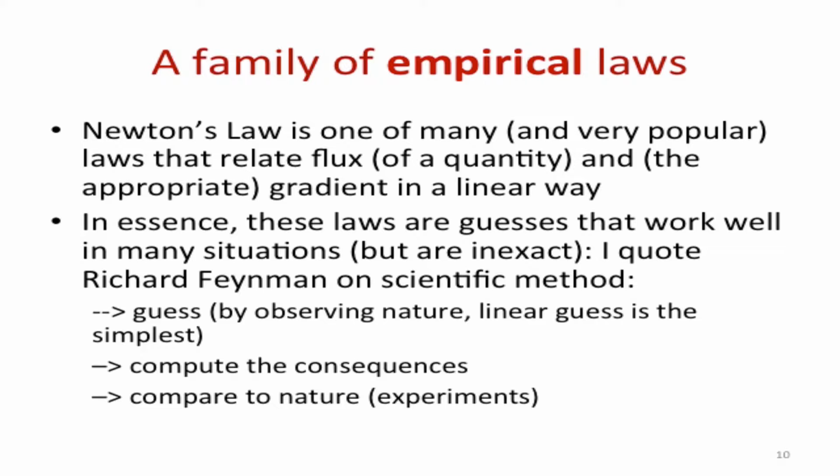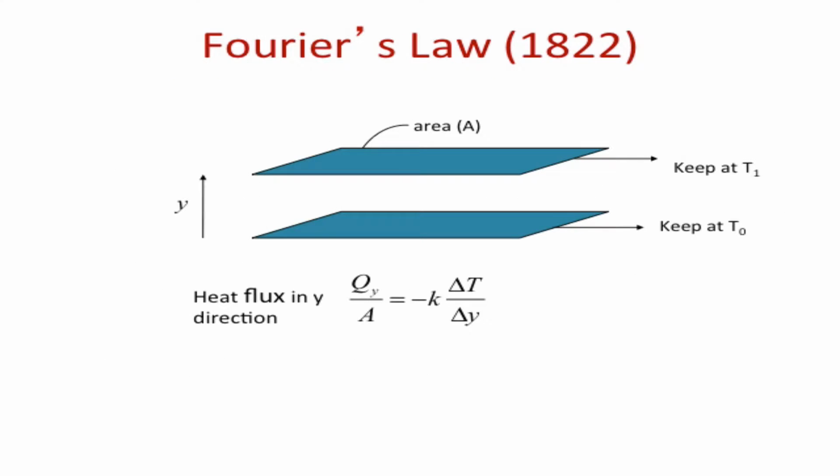Most of the empirical laws were sort of guesses that ended up being confirmed by experience. One of those laws is Fourier's law. And in this case, we're going to have transfer of heat, and I just gave the year for your basic idea. Newton's law was 17th century, and this is 19th.